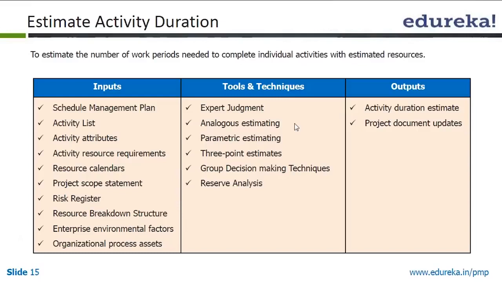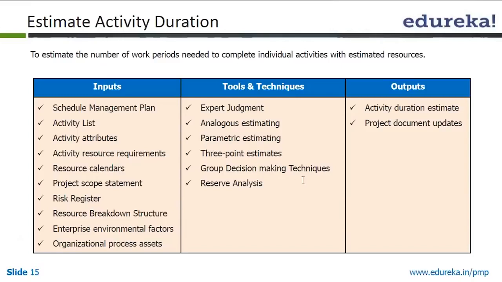And finally the 3-point estimate, where we take the pessimistic, optimistic and the most likely estimation. The formula is P plus 4 times most likely plus O, that is pessimistic plus 4 times most likely plus optimistic, divided by 6.